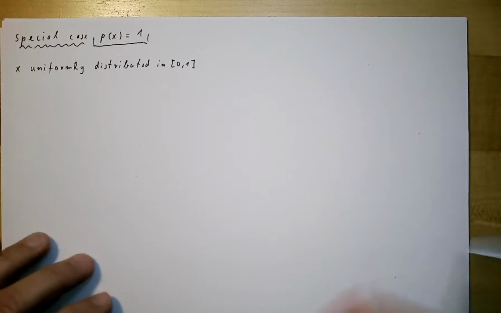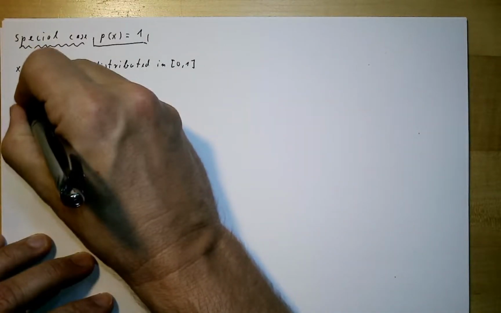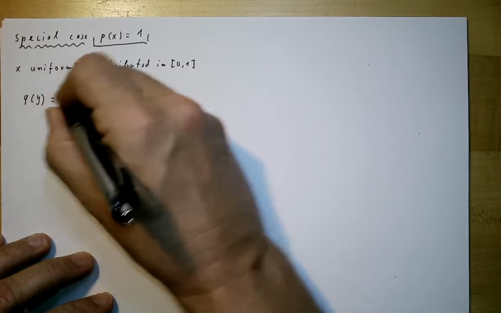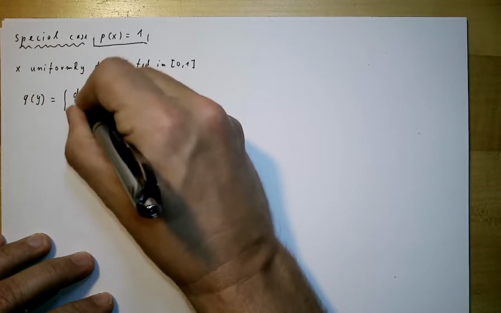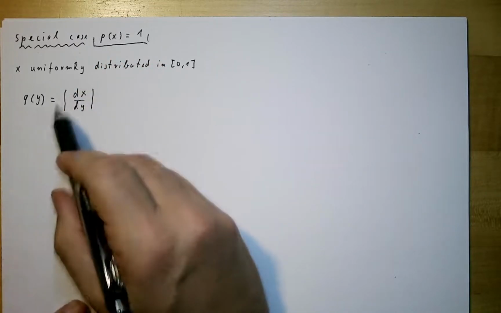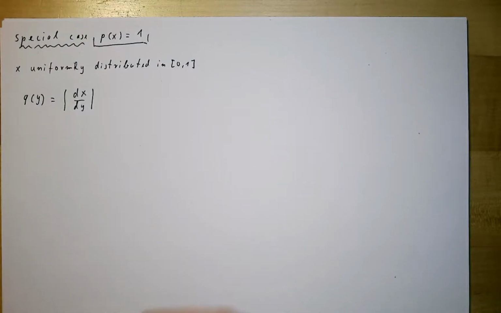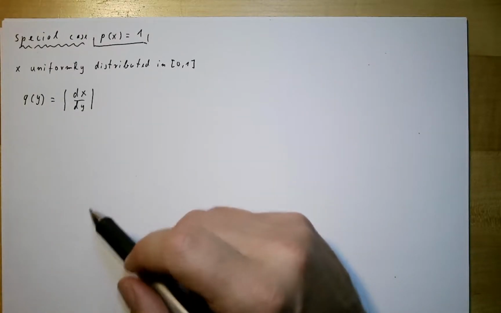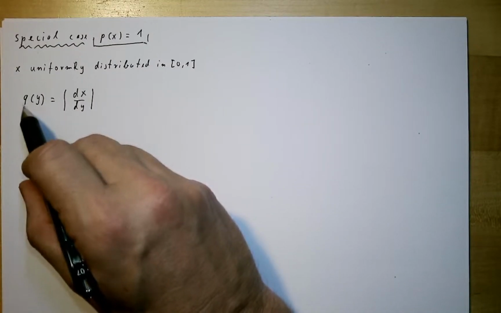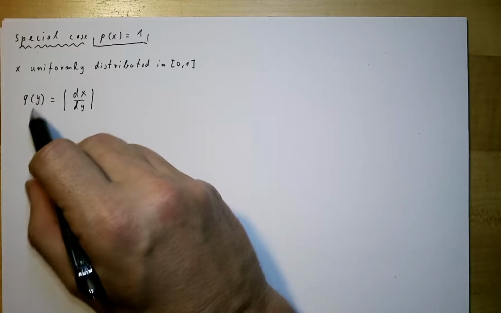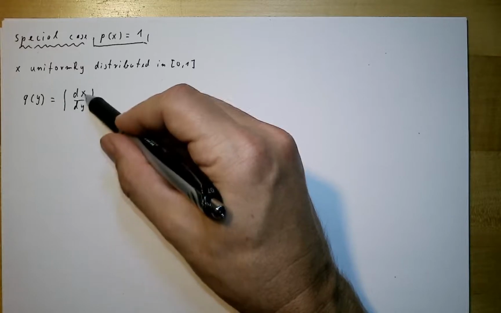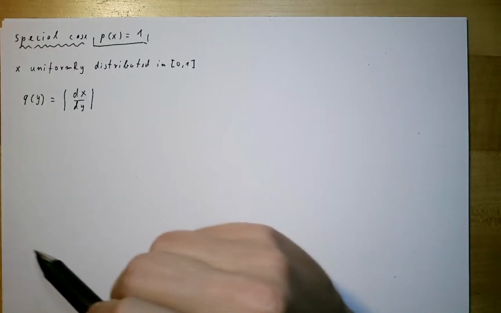In this case we can write down that q of y is just the derivative dy over dx, because p of x is constant. And this q of y is now the distribution we want to have, for example, an exponential distribution. And our question is, which variable transform between y and x yields this distribution?